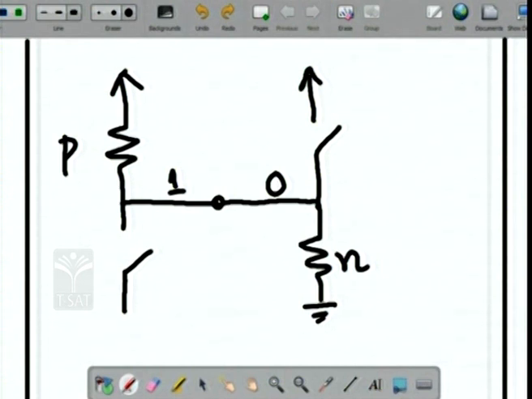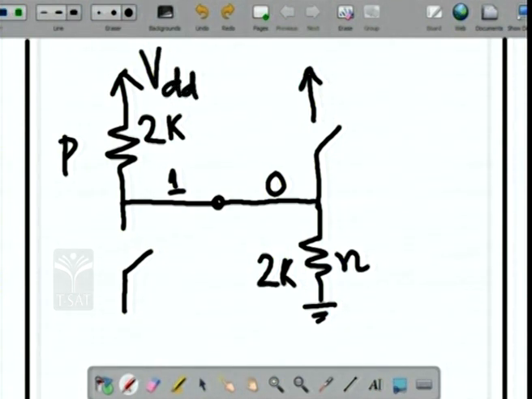But now what happens is, let us say this has a resistance of 2K, a low resistance, and this is also having a resistance of 2K. So what will happen is, this acts like a potential divider. When this acts as a potential divider, with this voltage VDD, what will be the voltage at this point? The voltage at this point will be VDD divided by 2.